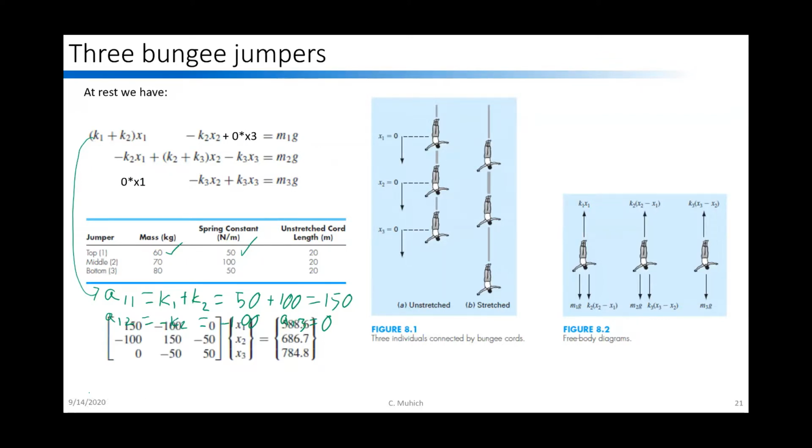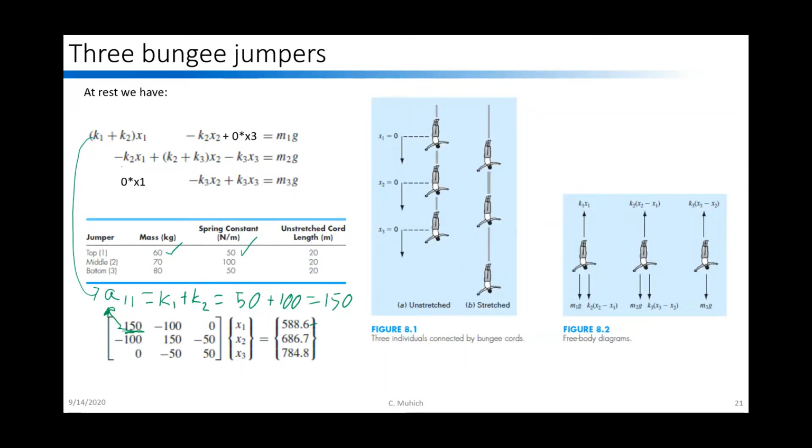We can do the same thing for the second line equation and the third line equation. And if we do this, I guess I'll erase that second example. We can fill in that matrix. Here was that 150, coming from a12, the negative 100, which corresponded to negative k2, 0, which corresponded to that 0.